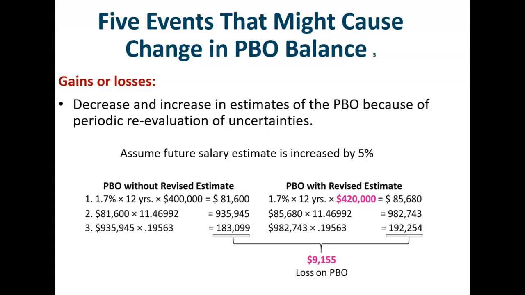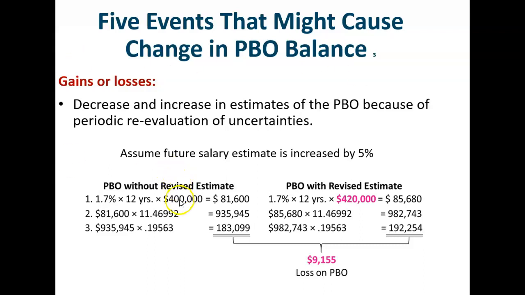Suppose, for instance, that new information at the end of 2021 about inflation and compensation trends suggests that the estimate of Faro's final salary should be increased by 5% to $420,000. So this revision has only one change: the revision of her last year's salary.